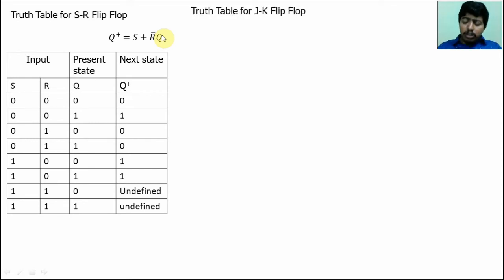For the truth table of the JK flip-flop, you should know the characteristic equation Q plus is equal to J Q bar plus K bar Q. You should be able to tell these values without substituting into this equation. The JK flip-flop is just a modified form of the SR flip-flop.